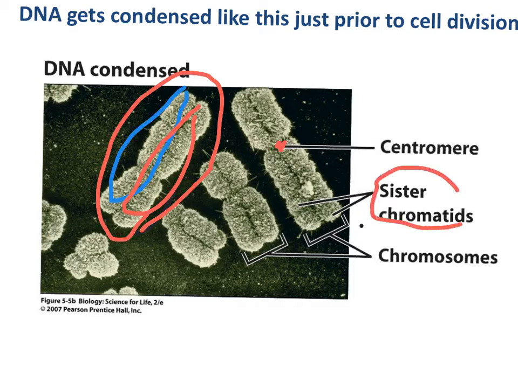So sister chromatids are one of the condensed chromosomes, one from mom, one from pop. And here's mitosis. Here's the start of it. This is what the chromosomes actually look like.